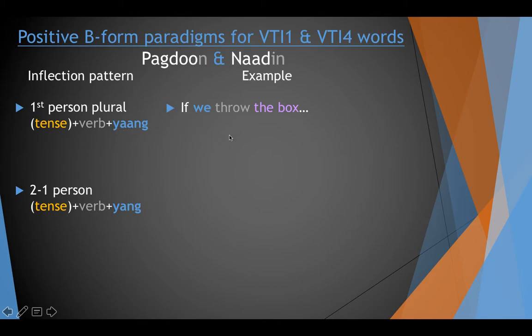So gishben pugdo yang im kuk, because we're just singular box. So let's see what pops up. Gishben pugdo yang im kuk. There we go. So I'll give you the English for the next one, and then you can translate it. So if we fetch the box, so remember we're getting rid of that IN ending with our yang ending. So I'll give you a few seconds to translate.